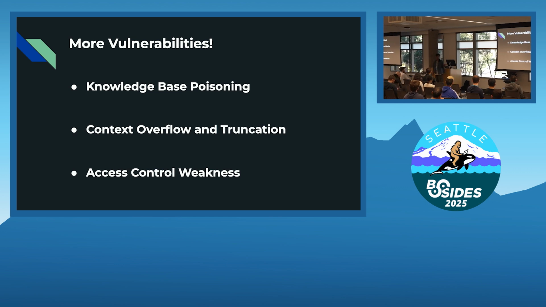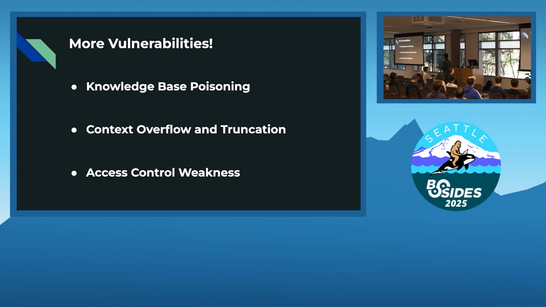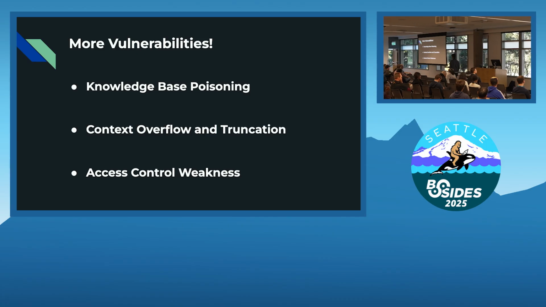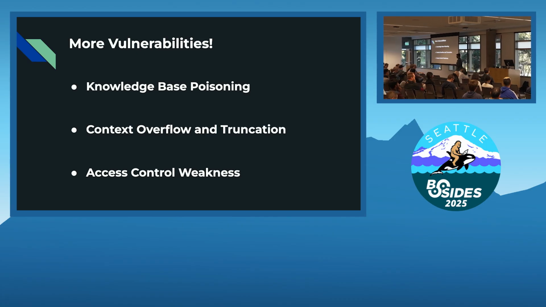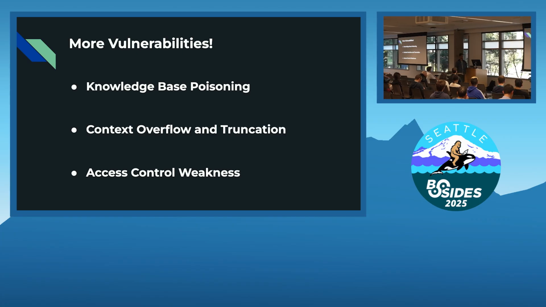And the last vulnerability is access control weakness. Access control weakness is, as we discussed, over-retrieval. We're accessing internal data that is accessible by a different user or an admin, and public data is what is visible to the end user.